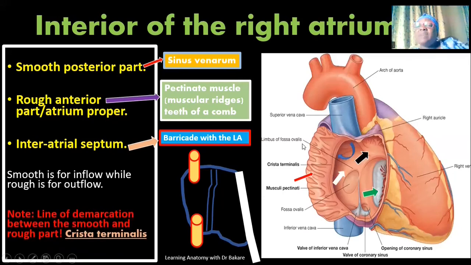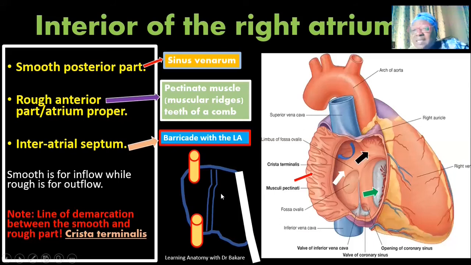Also, to add, when we discussed the sulcus terminalis and the crista terminalis, which create a depression on the outside and a ridge on the inside between the sinus venarum and the right atrium proper, we can establish that the line of demarcation between the rough and the smooth part of the right atrium is the crista terminalis.